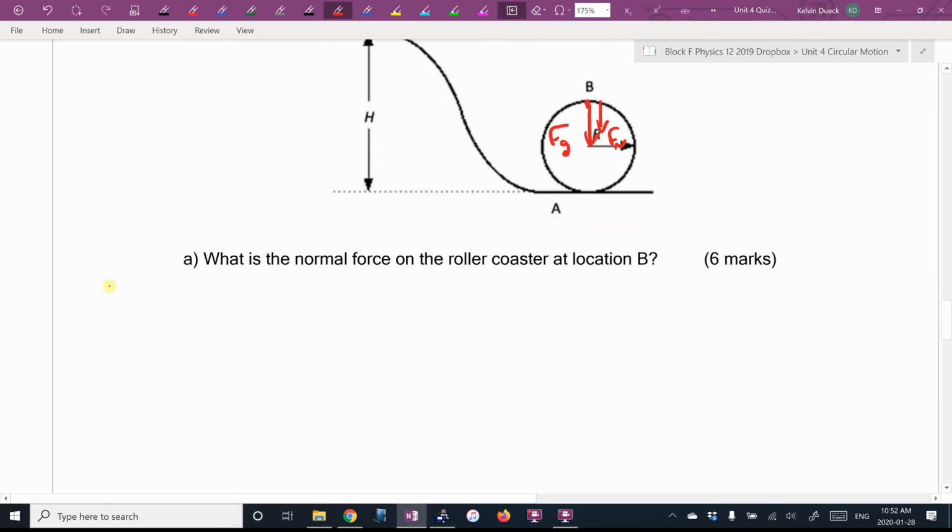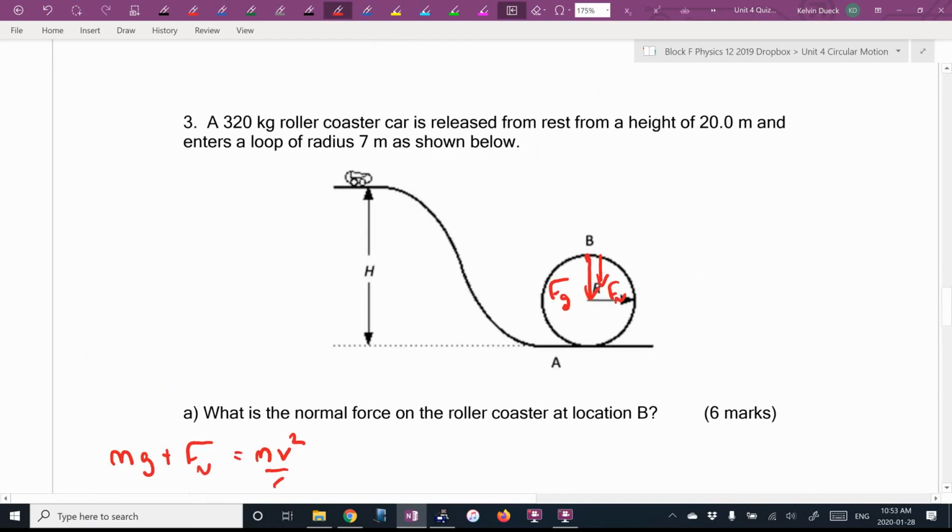I'm going to get mg plus the normal force is what's pushing me in a circle. And I'm pretty sure I'm going to use v squared over r, and I'll convince you of that in a second. So the normal force is going to be mv squared over r minus mg.